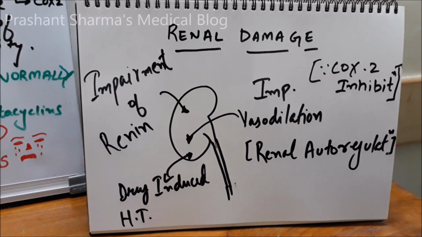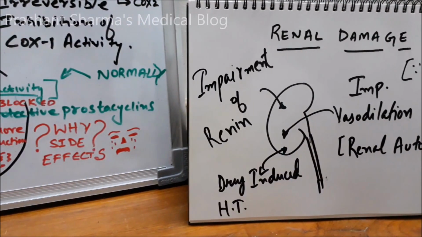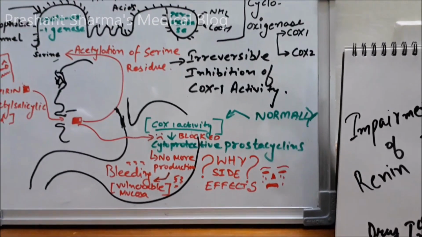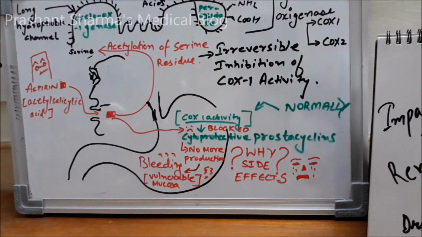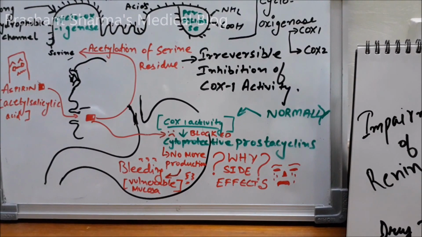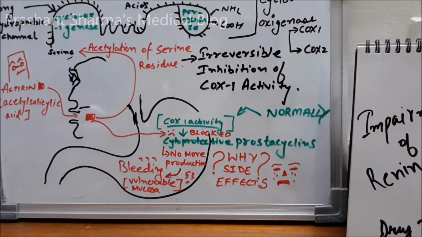So due to its inhibition, all these activities are impaired, which leaves the patient with renal damage. So this was a brief overview of how cyclooxygenase and aspirin activities are interrelated in patients, and it's very important to know if you are a physician taking care of patients. Thank you.